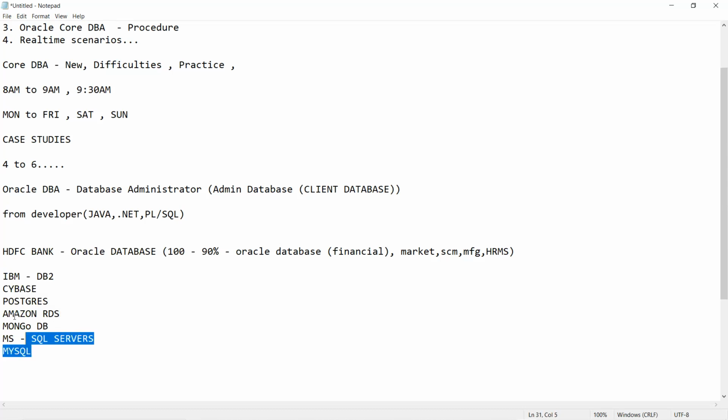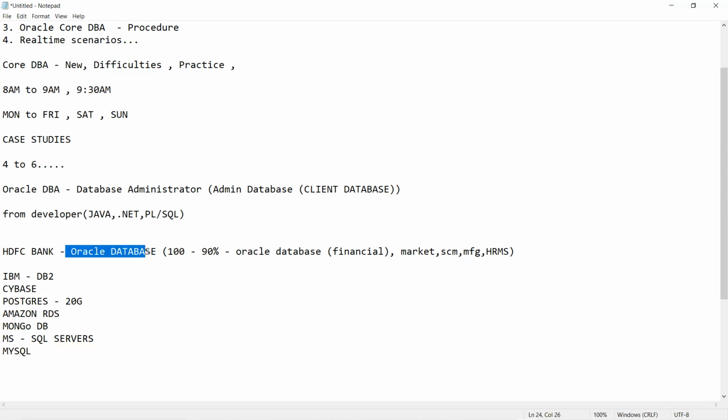These databases are popular, but we use them in different circumstances and scenarios. For example, with Postgres database, they will save only a 20 GB database, and at the end of the day they will transfer it into Oracle database.